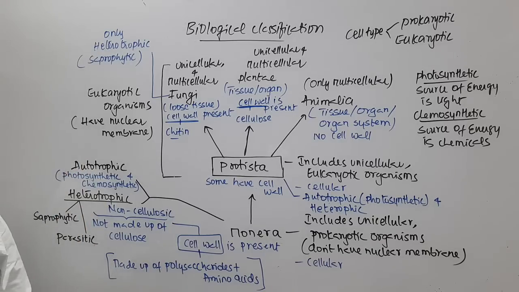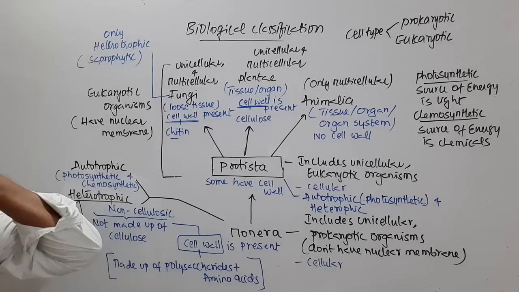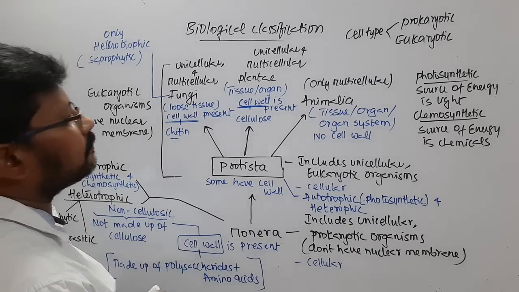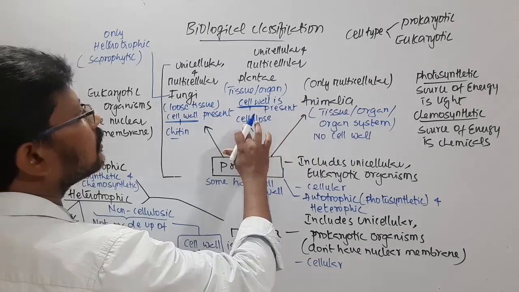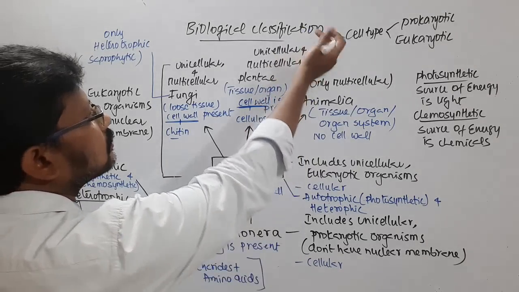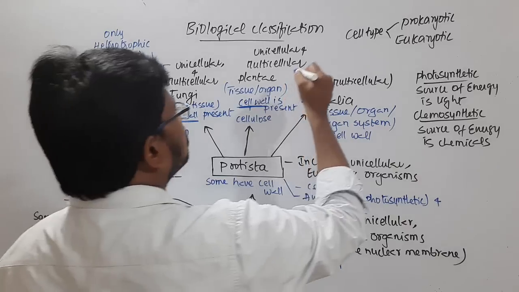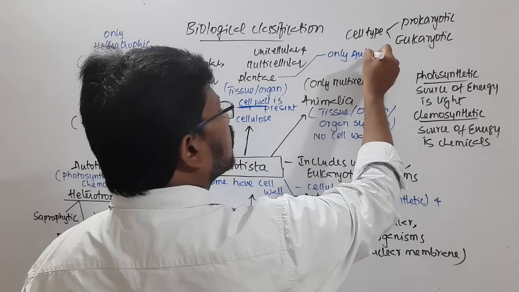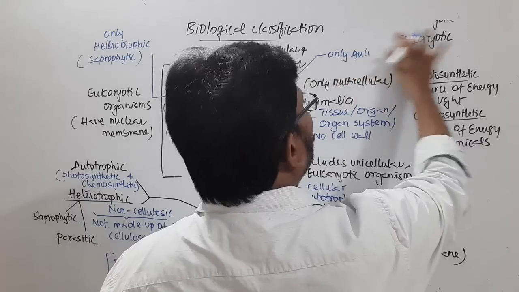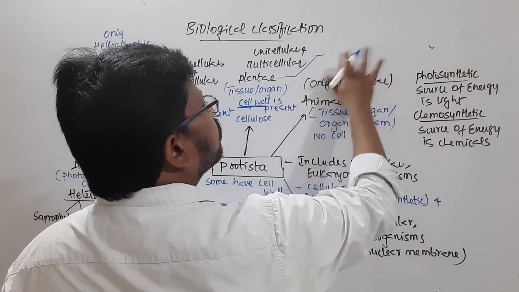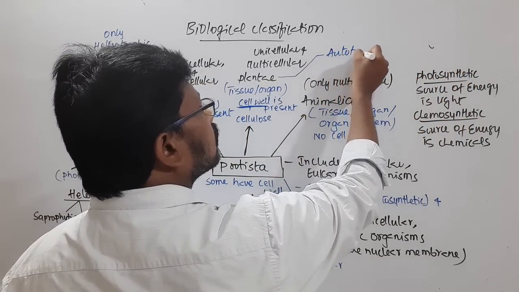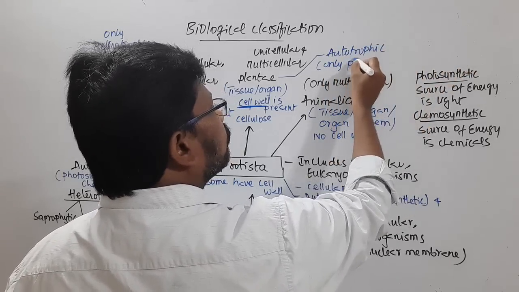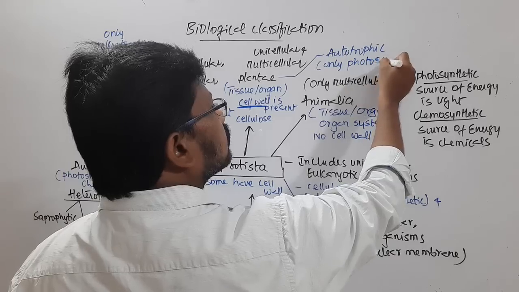Then coming to plants, in case of plants we will see only autotrophic mode of nutrition, and under that only photosynthetic.